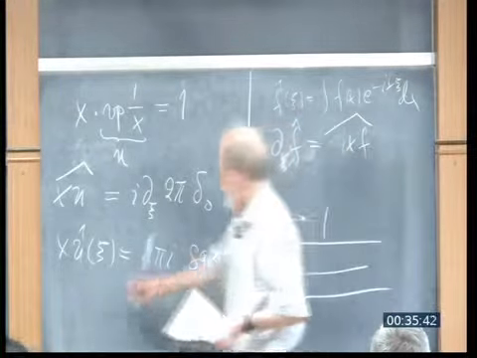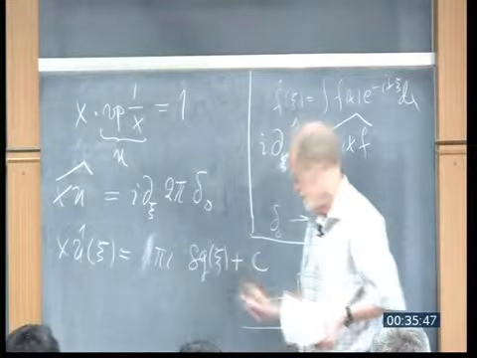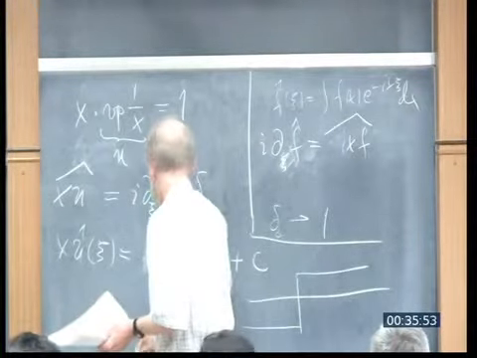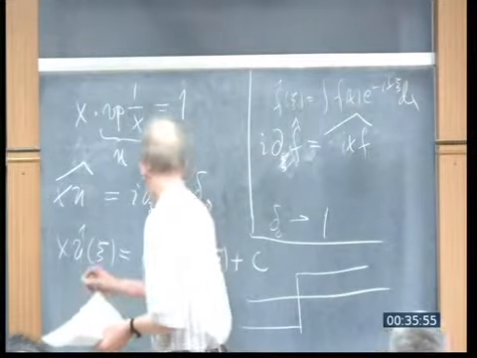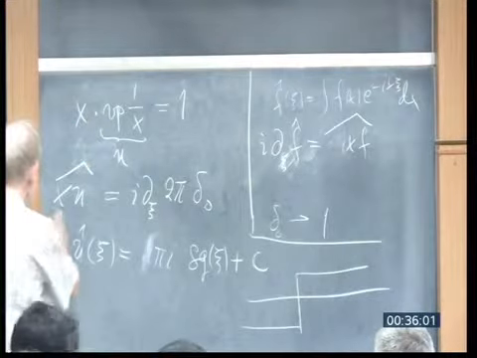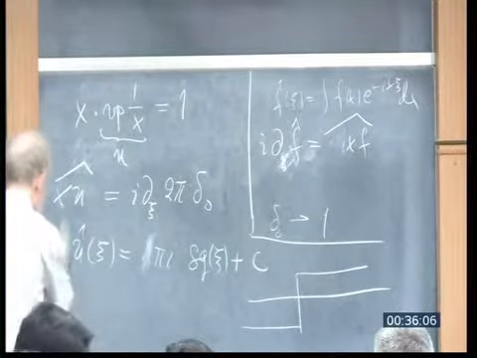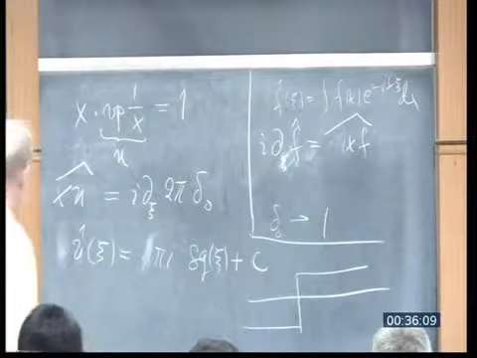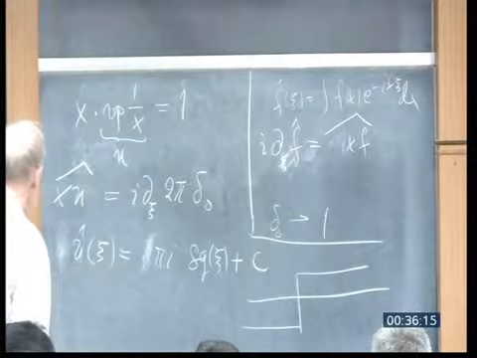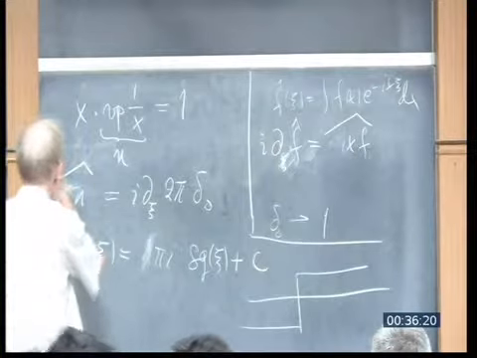Now, u is an odd function, so its Fourier transform must be odd. Something is wrong. When you write the derivative in the second line, why is it delta? Wait a minute.